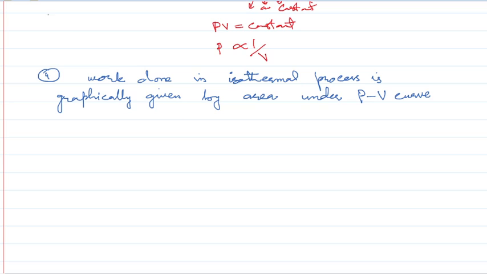That means if you plot a simple graph between, suppose, pressure and volume, and suppose this type of curve is obtained, then the area under this curve will give you the work done.